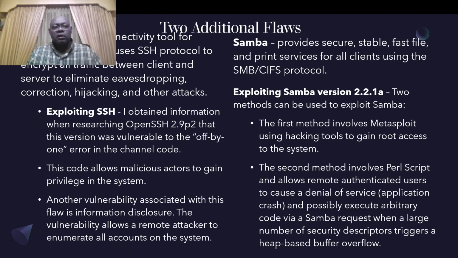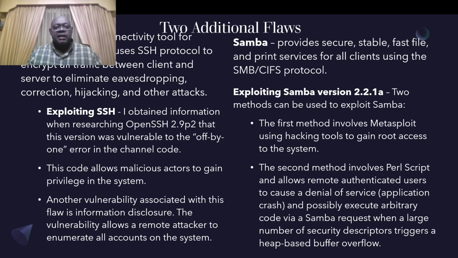Two additional flaws researched are OpenSSH, which is a connectivity tool for remote sign-in that uses the SSH protocol to encrypt all traffic between client and server to eliminate eavesdropping, connection hijacking, and other attacks.